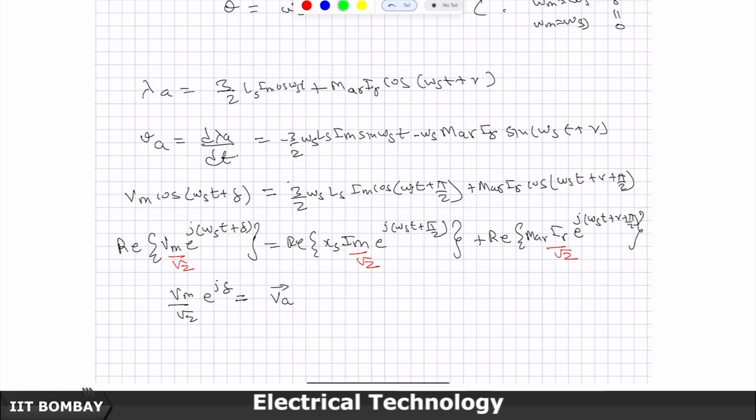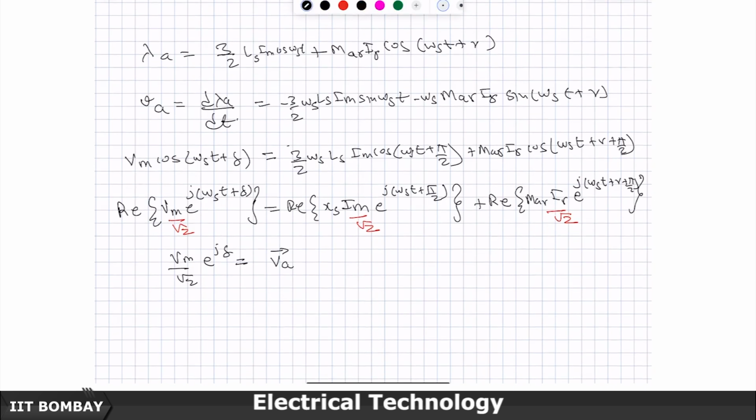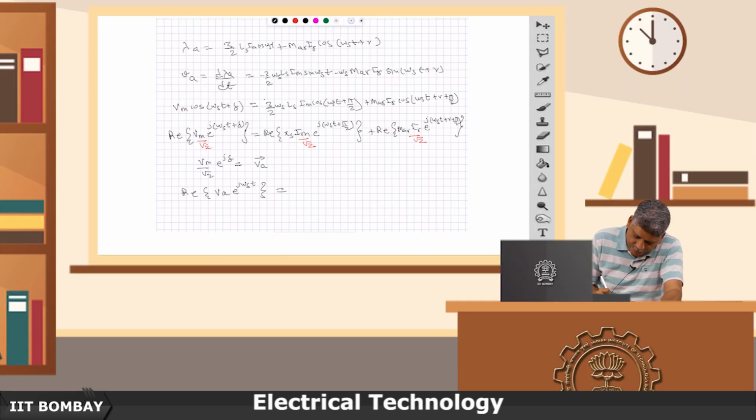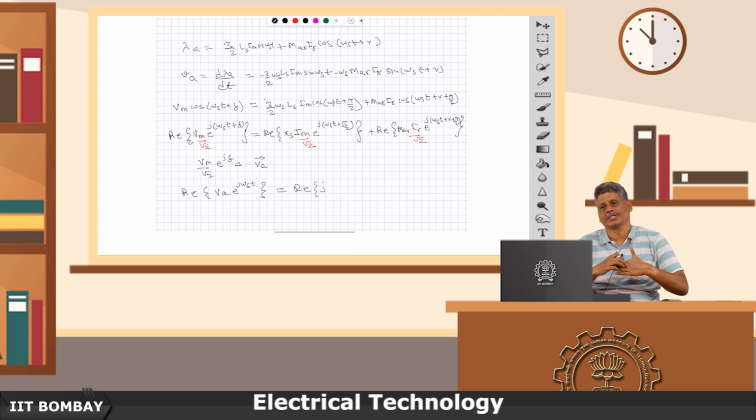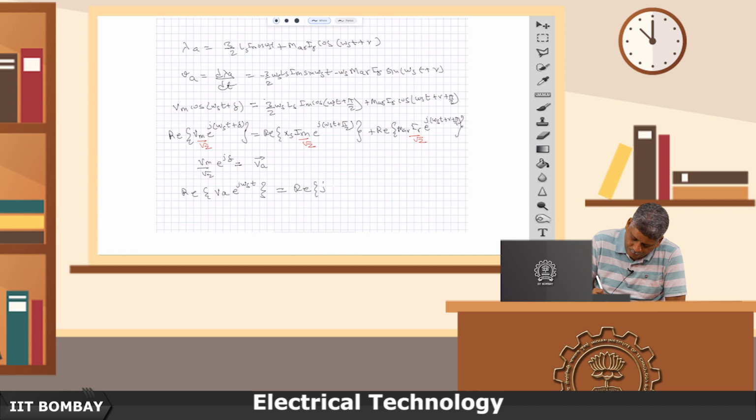So, I can write this equation as Va e to the power j omega s of t on the left hand side, which is the same as this thing times, I am writing for A phase, j, since j indicates e to the power j pi by 2, times Xs.